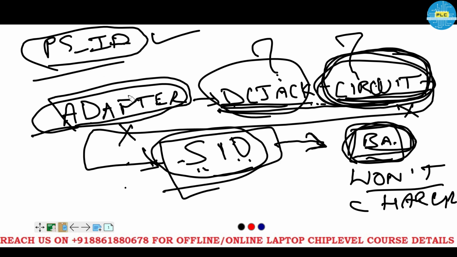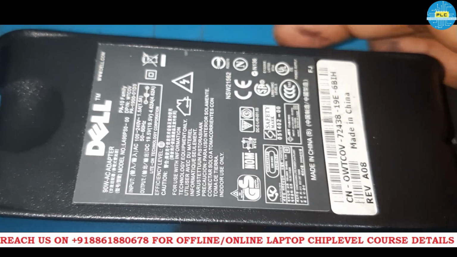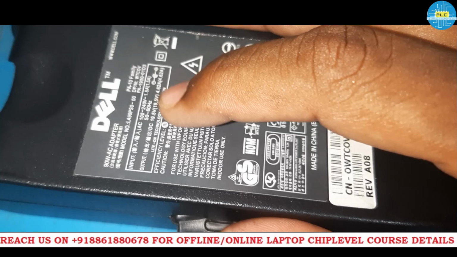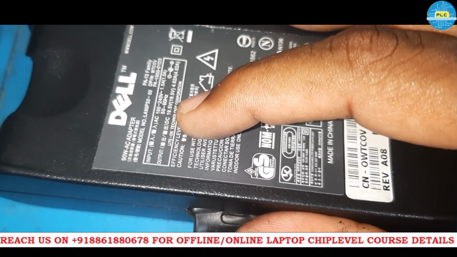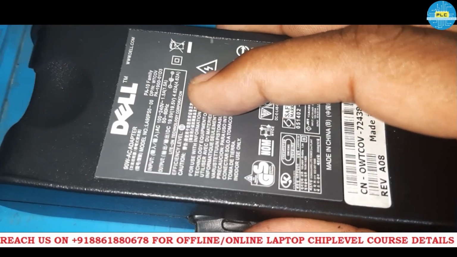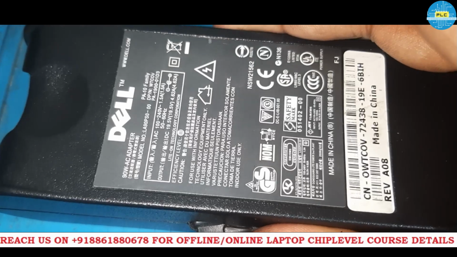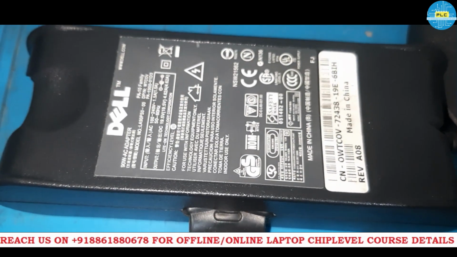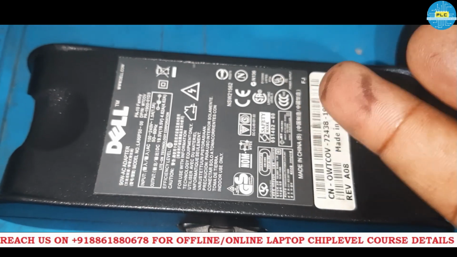Okay, let's try. See, here is the adapter. See the adapter wattage information: it contains 90.5 volts, 4.6 amps. Okay, that means 90 volts or 65 volts, you need to calculate it.